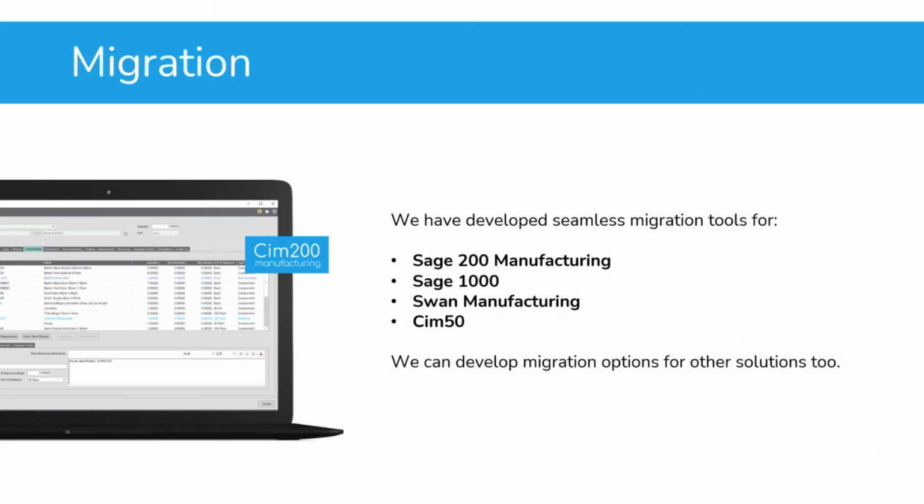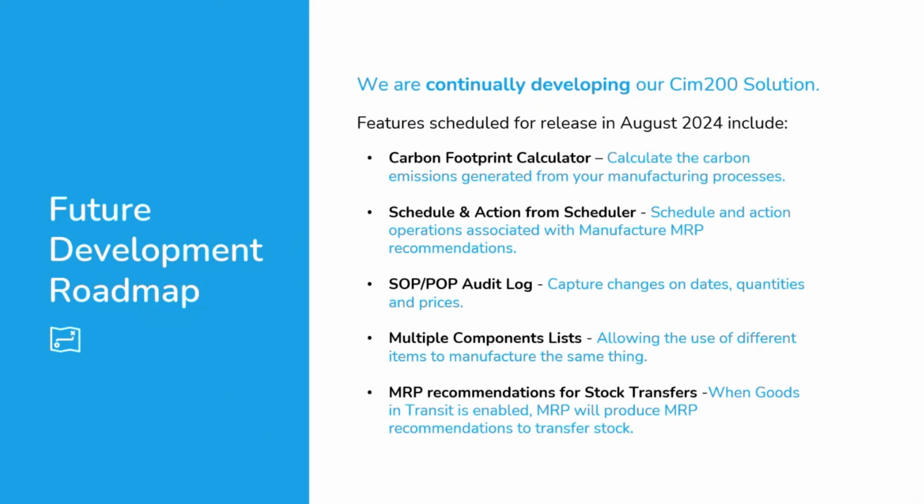And we can develop migration options for other solutions, namely importing and exporting from Excel and so forth. We are continuously developing the products, so we are not sitting on our laurels.